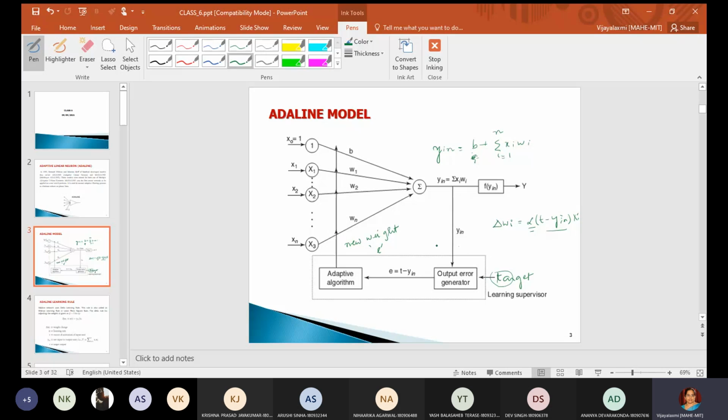The entire block we call the learning supervisor. We know that we are discussing supervised neural network models. So this block is a supervised learning model because we are giving the target value, and that is what is expected.